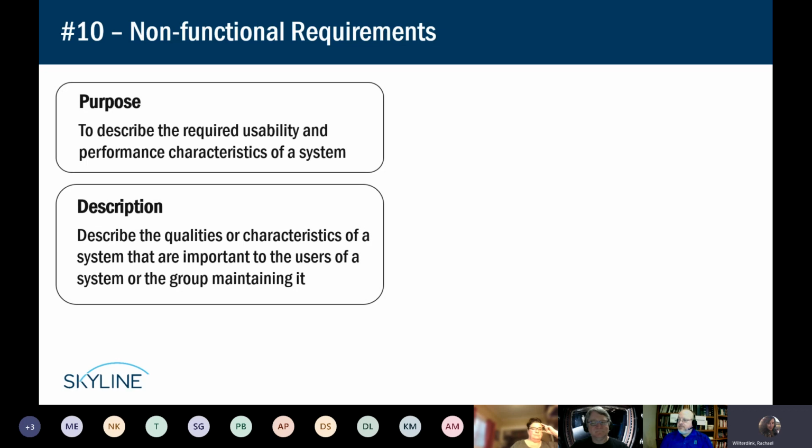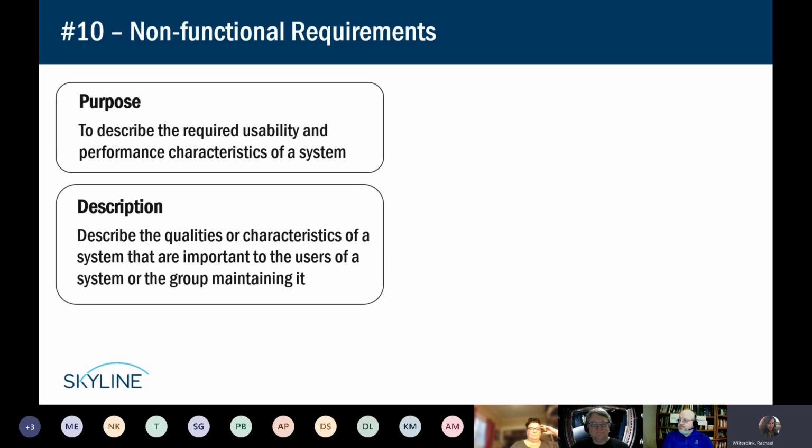It did what it was supposed to do, but it was slow as molasses. The performance was pathetic. It took way too long for a screen to load on a mobile device, which is totally unacceptable for mobile users. So nailed it on the functional part, completely failed it on non-functionals.